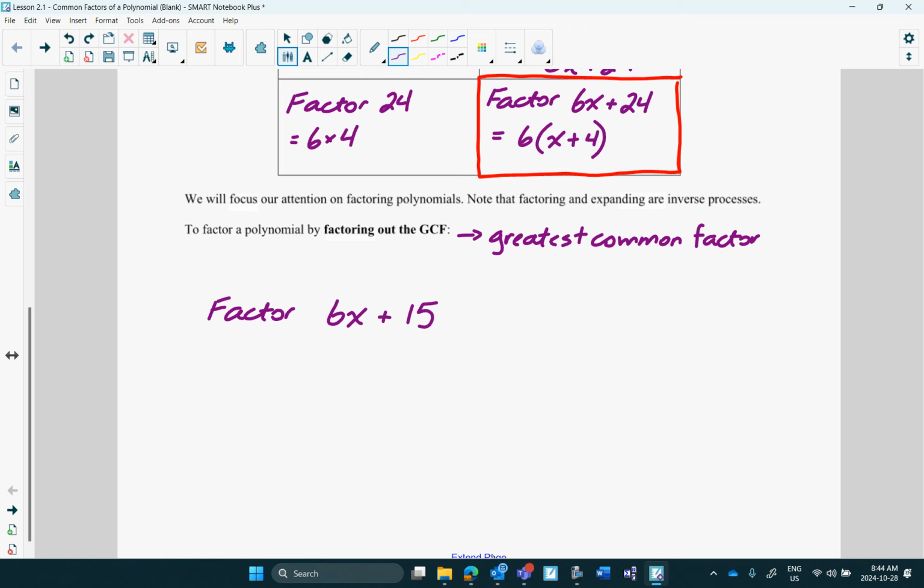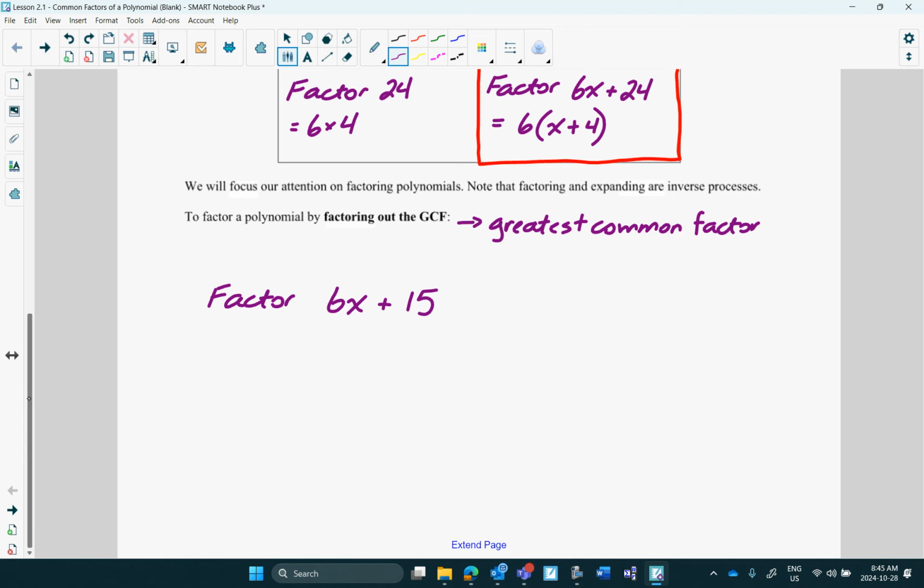So there's two factors, and one is the GCF. Look at all the terms. Tell me what is the highest number or variable, or both, that you could divide into both of these? 3. Are there variables in both? No, so I can't divide out a variable. So that's one of my factors, 3.